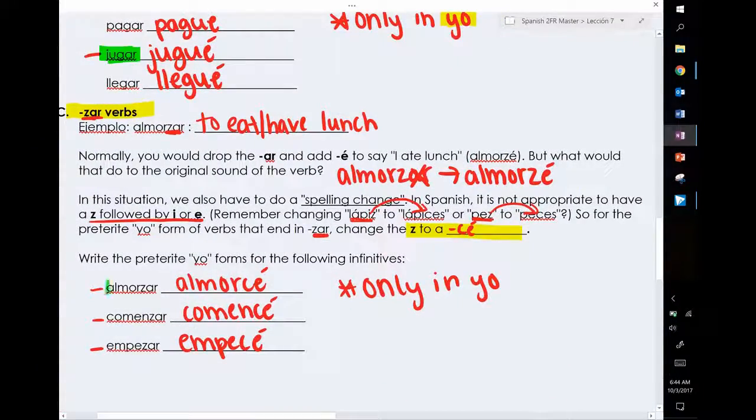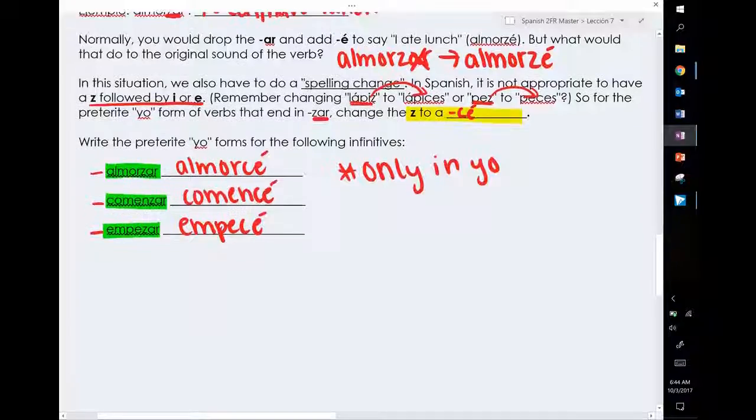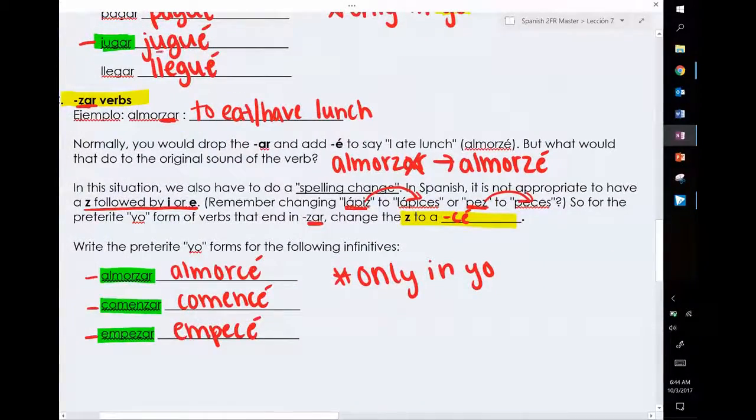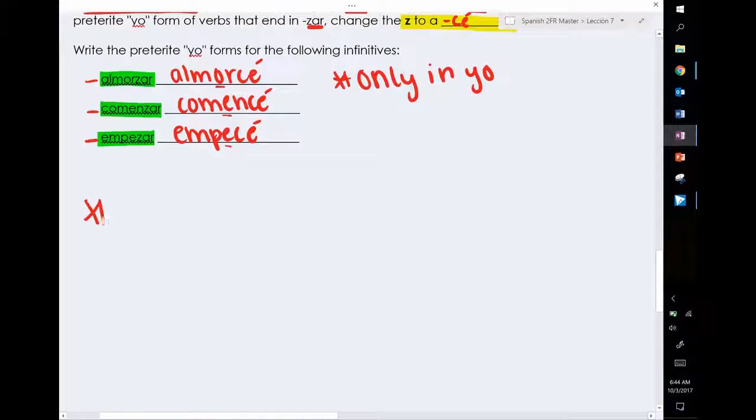Let's talk about jugar, almorzar, comenzar, empezar. Yes, these are all AR verbs, but what else do they have in common? Especially think about the present tense. What do all four of these verbs have in common in the present tense? They are all stem changing verbs. Do you notice that in the preterite here, there's no stem change? There is no stem change in the preterite.